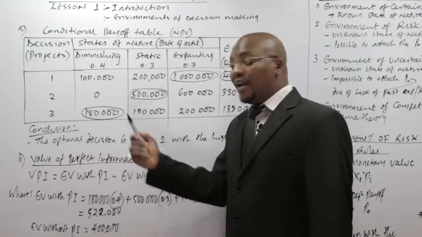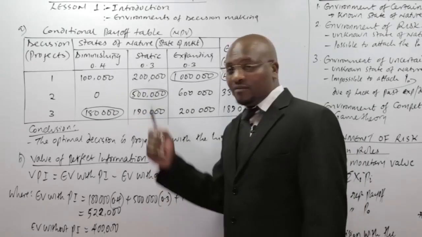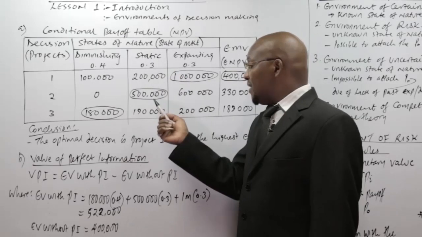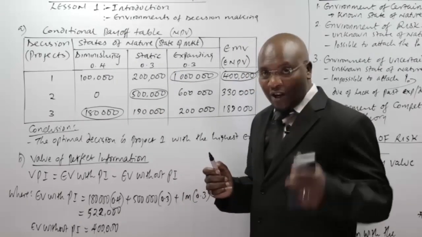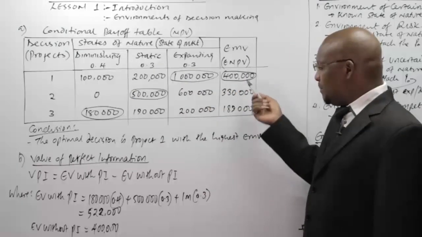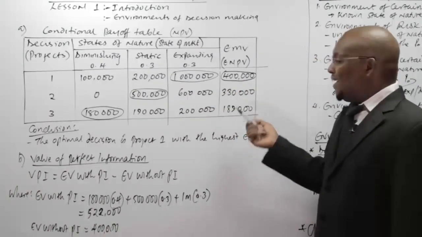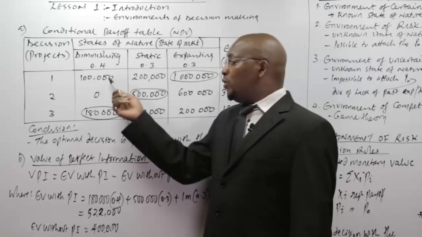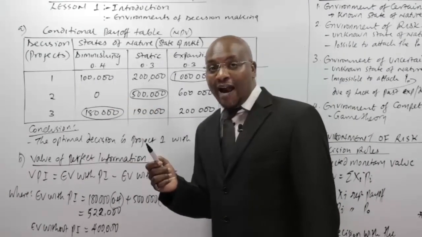The best one would have been 180, meaning we don't have the information. The best is not 200 when the state is static. The best is 500, meaning we also don't have the information. That's why we are saying that even if it seems to be the best as we compare, it does not have the information. Otherwise, if it had the information, we would have chosen the way we have highlighted.